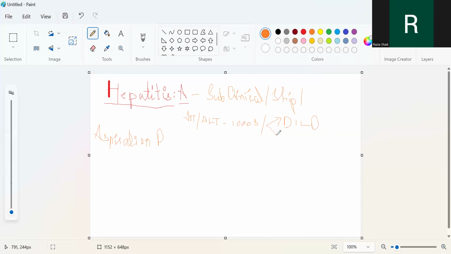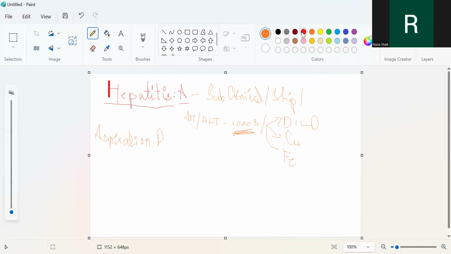Next important cause, copper, Wilson disease. Finally, iron overload, meaning hemochromatosis. These are three causes where their AST-ALT will be very, very high.